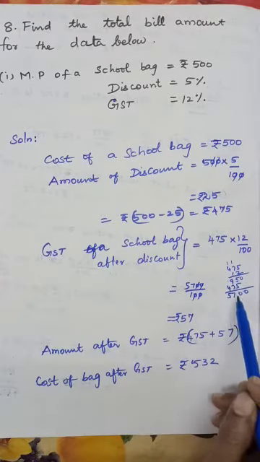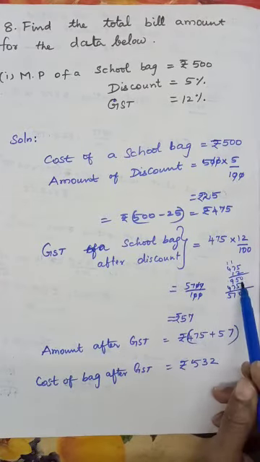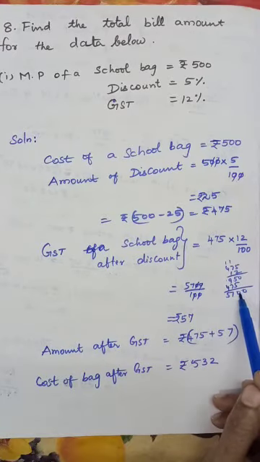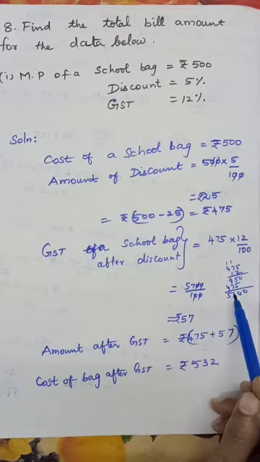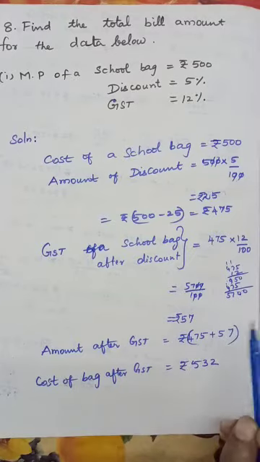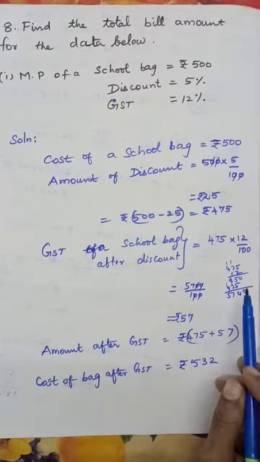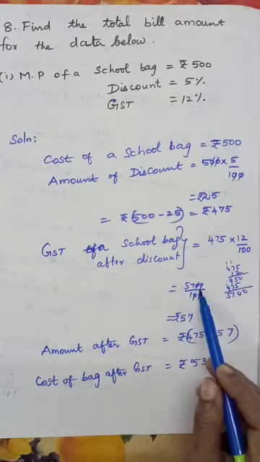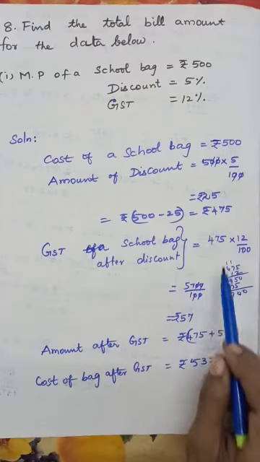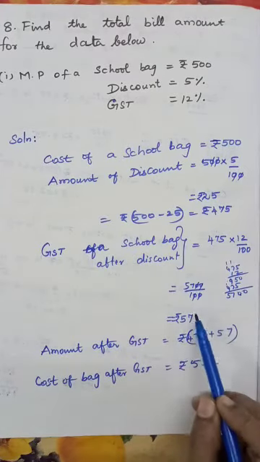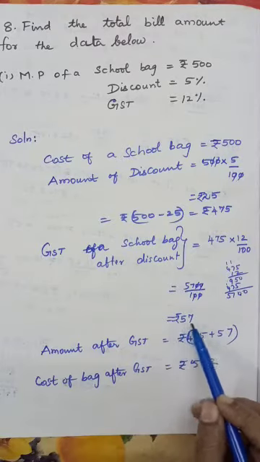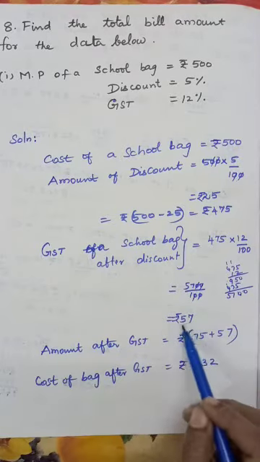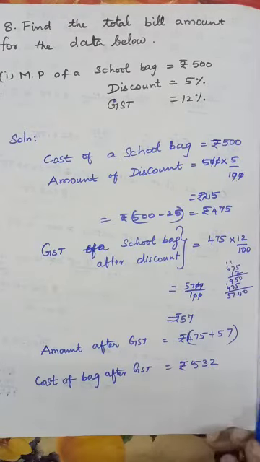Now by 1 table, 475. 0, 5 plus 5 is 10, 0, remainder 1, 10 plus 7 is 17, remainder 1, 5. So 5700 divided by 100. Now rupees 57 is the GST for the school bag.